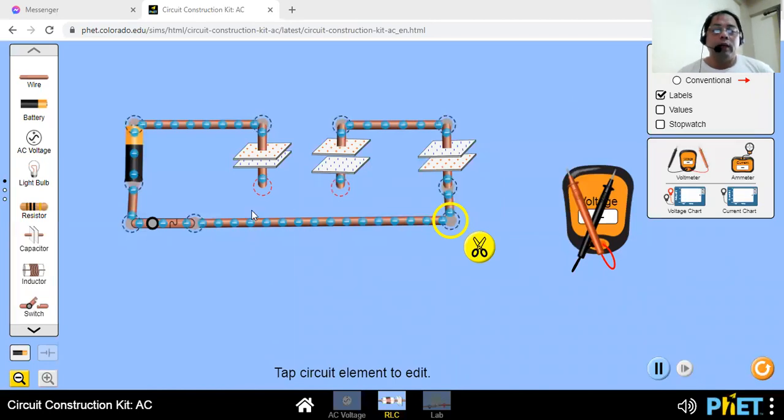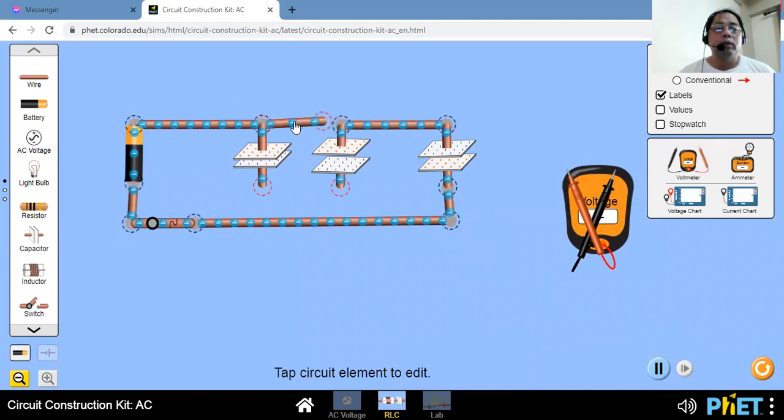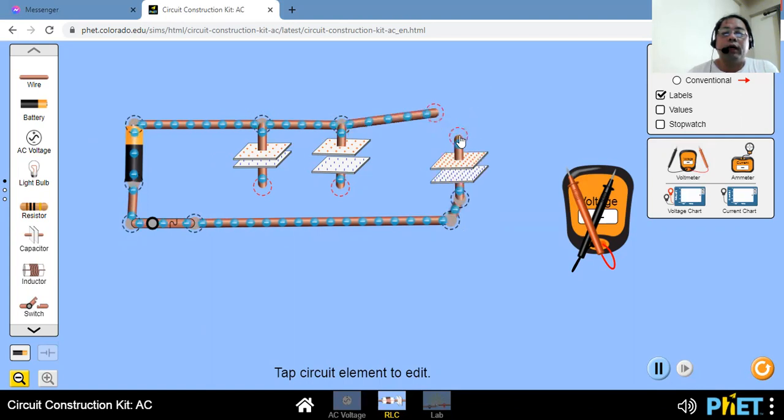For our parallel connected capacitances or capacitors, we will just rotate our capacitances. Again, if you remember, we can move or rotate the device whenever we hold it at the tip.